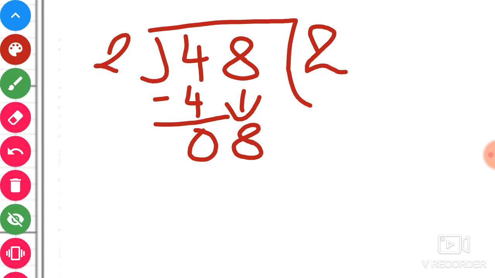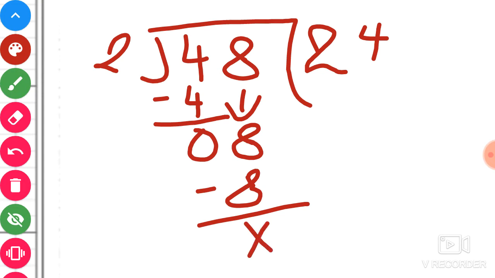Think about it. क्या 2 के टेबल में 8 आता है? Yes. 2 4's are 8. 8 minus 8 is 0. So our answer is 24 and our remainder is 0.